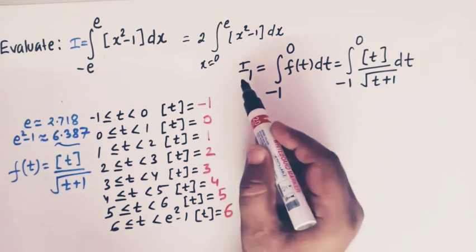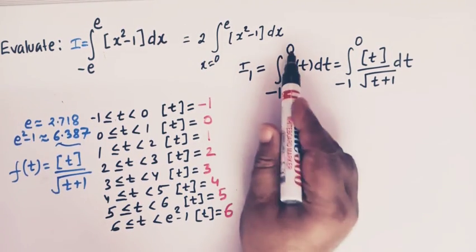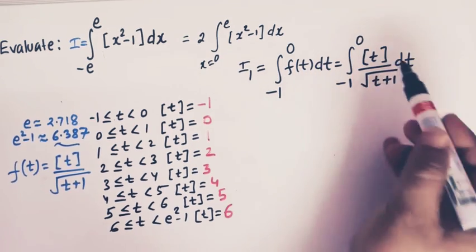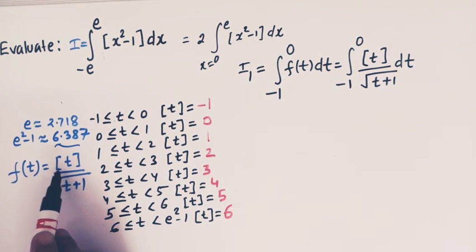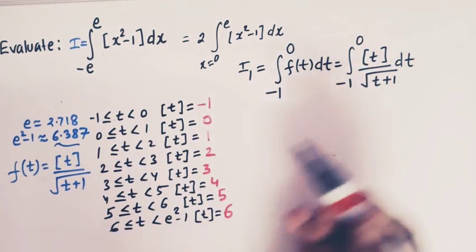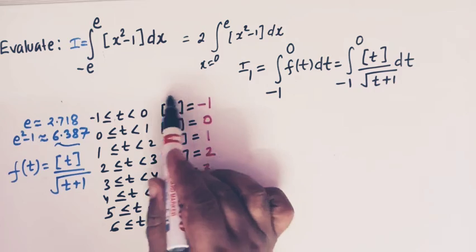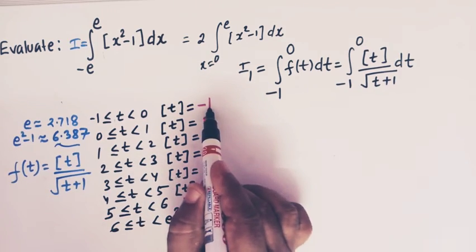So viewers, let us take the first integral I1, which is from -1 to 0 f of t dt, and f of t is greatest integer t over square root of t plus 1, and when t lies between -1 and 0, the value of greatest integer t is -1.